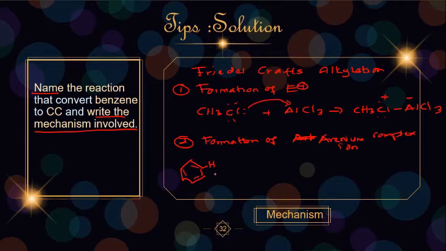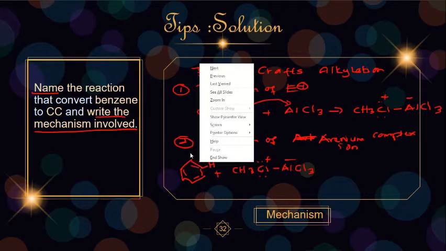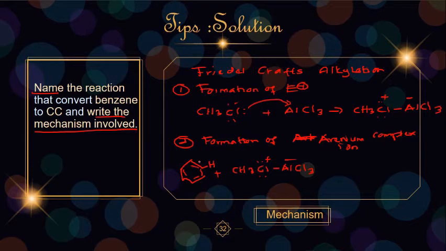Okay, so when you add your complex from just now, CH3Cl with the plus, together with AlCl3 minus, what can you get here? This double bond has a high density of electrons from the pi bond, so it attacks the CH3. The bonding between them will be at that plus.